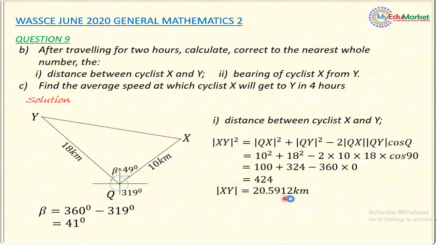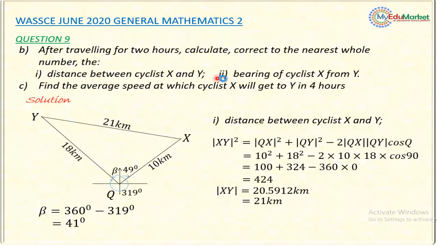Approximating this to the nearest whole number gives 21 kilometers. So the distance between the two cyclists after 2 hours is 21 kilometers. With that, I have answered Roman 1 of question number B.